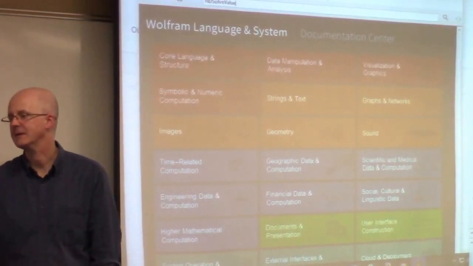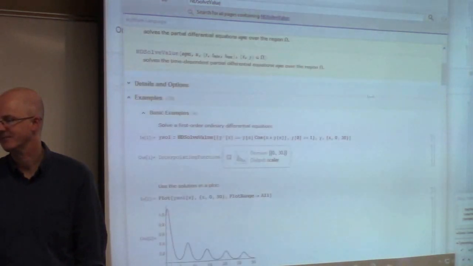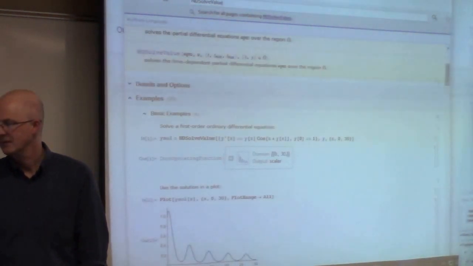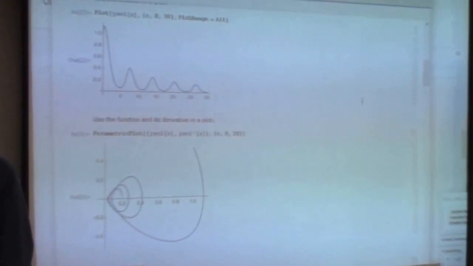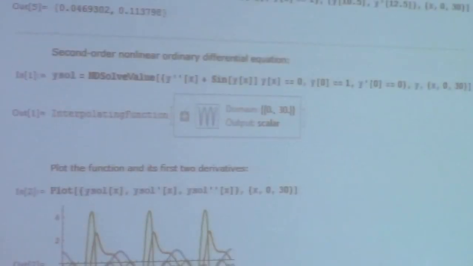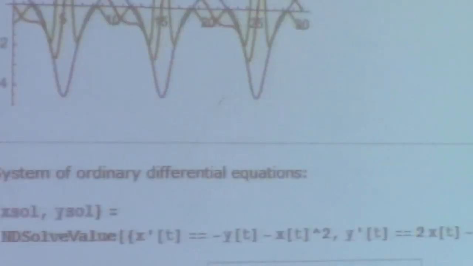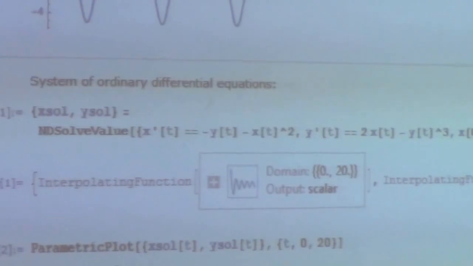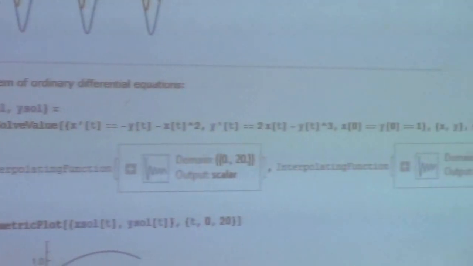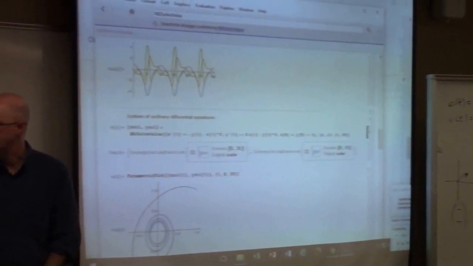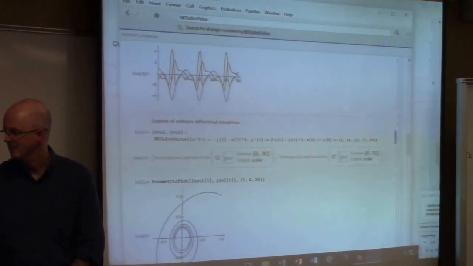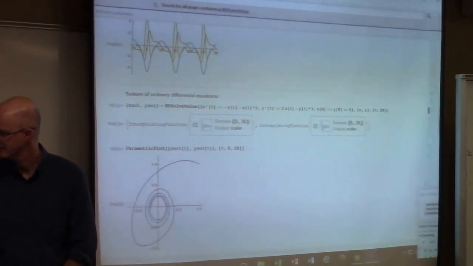And we can, in the documentation center, look up examples. Let's see, is there one that's for a system here? There's one for a system. Let's copy and paste this code. Zoom in on that so I can make it bigger.